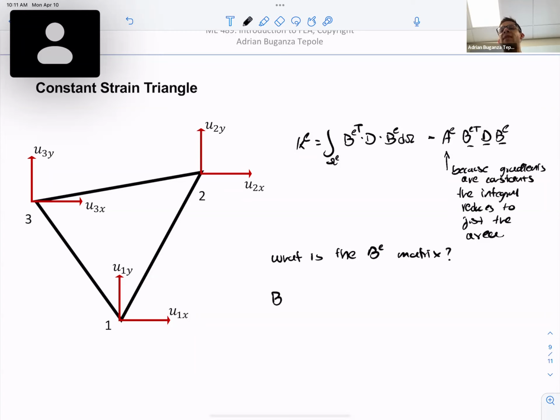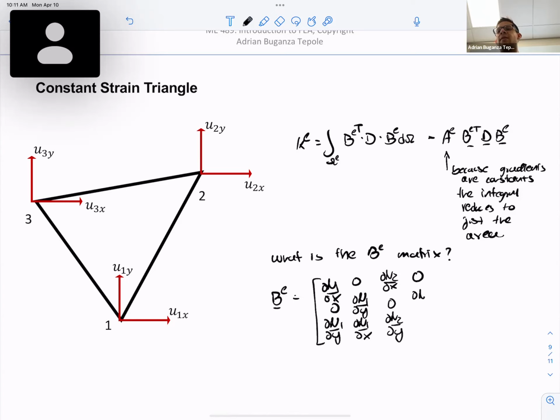But if you recall what the definition of the B matrix was, it was dN1/dx, 0, dN1/dy, 0, dN1/dy, dN1/dx, and then dN2/dx, 0, dN2/dy, then dN3/dx, 0, dN3/dy, 0, dN3/dy, dN3/dx.